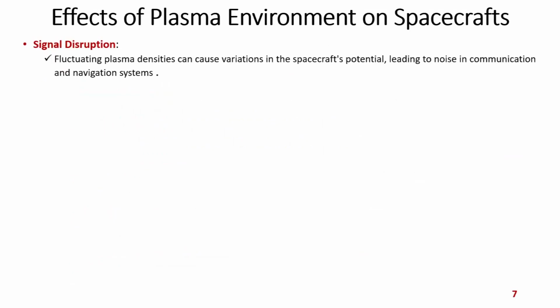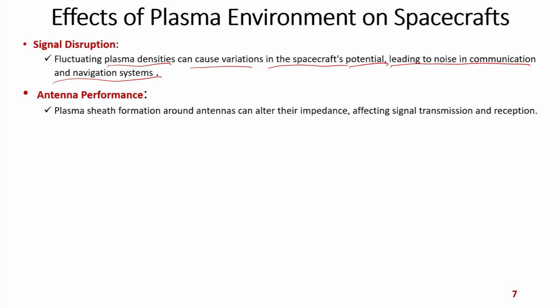Then signal disruption, which I was already talking about. Fluctuating plasma densities can cause variation in the spacecraft's potential, leading to noise in the communication and navigation systems. It can also create a problem for the antenna, because a sheath is formed around the antennas.